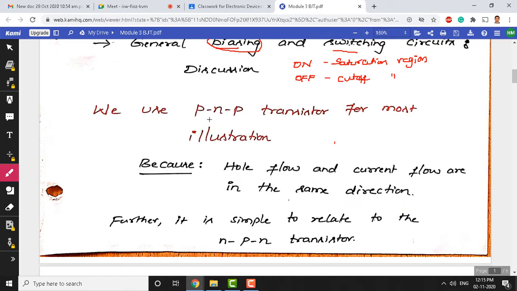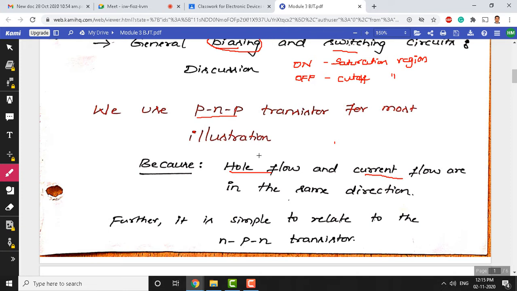In our discussion we are going to consider the PNP transistor. The reason is that the hole flow and current flow in a bipolar junction PNP transistor are in the same direction, so you can understand it very well. If you consider an NPN transistor in place of PNP, it becomes very difficult to relate the current flow and the charge carrier flow.